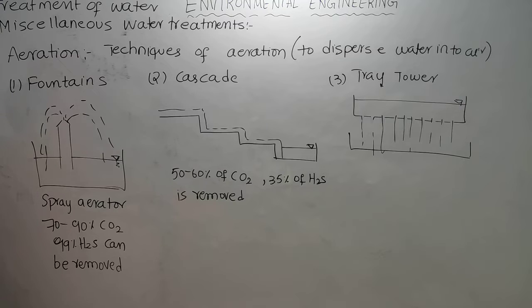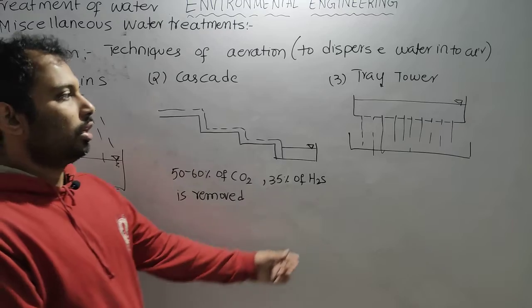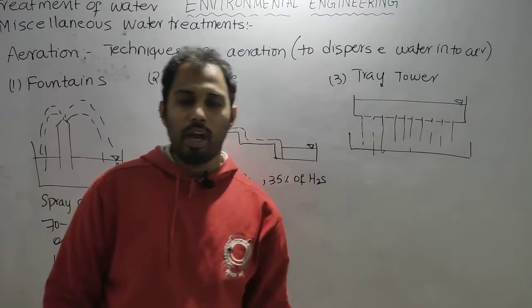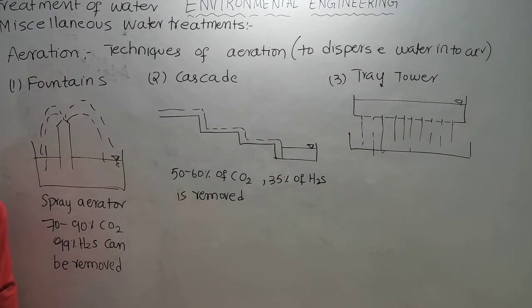In the tray tower, we can use a gravel bed to have a kind of porous media, so that the water enters like a jet, like a shower.